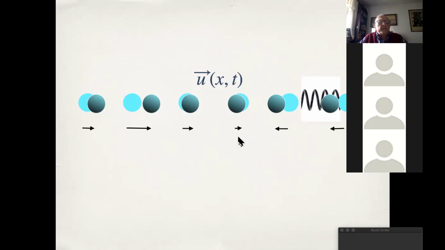So I have depicted the displacement as little arrows, and my Hooke law is now quite simple. A force is proportional to the displacement.